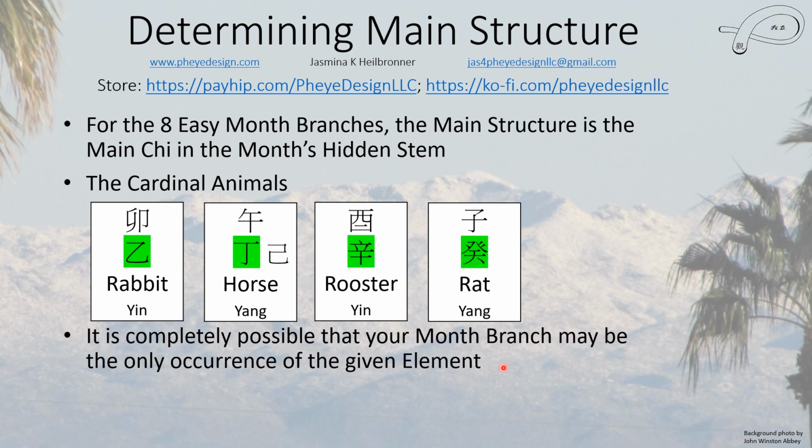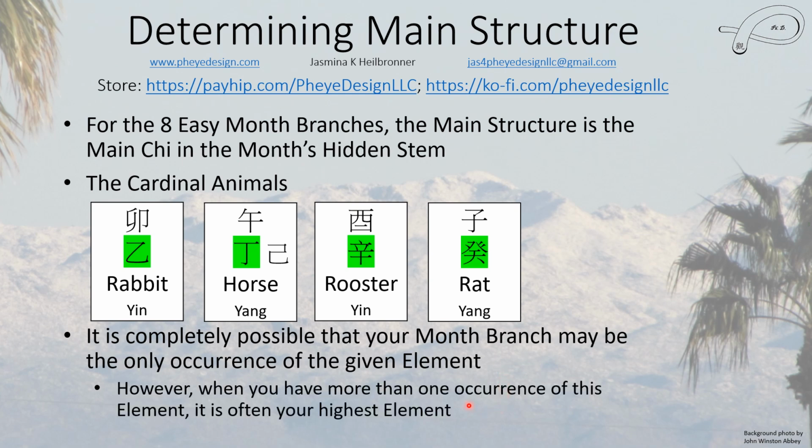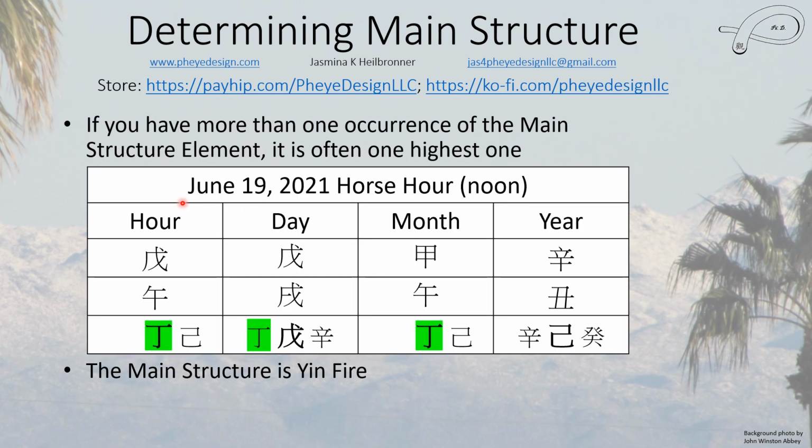Now, it again can be the only occurrence of a given element, but you could have more. If you have more than one occurrence of this element, it is likely to be your highest element. And you don't need a whole lot more to be quite high. So here's another example, another date. You can look it up.